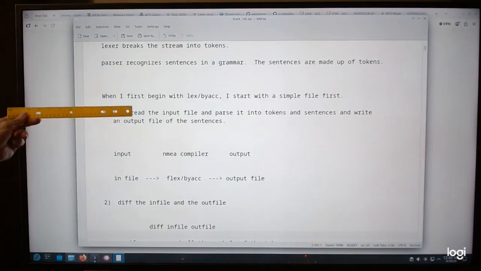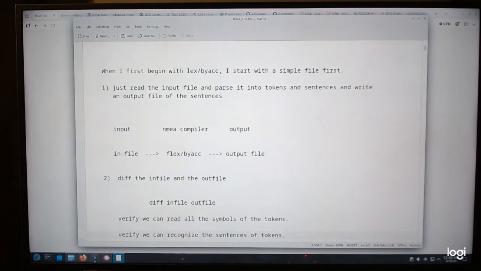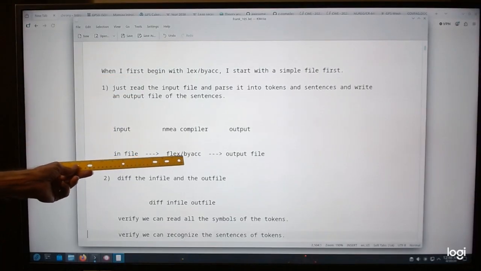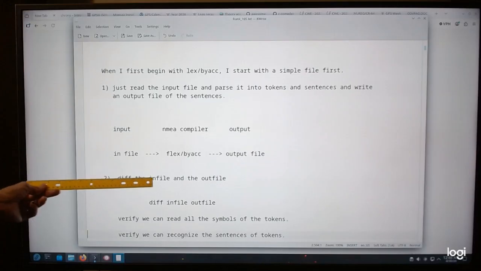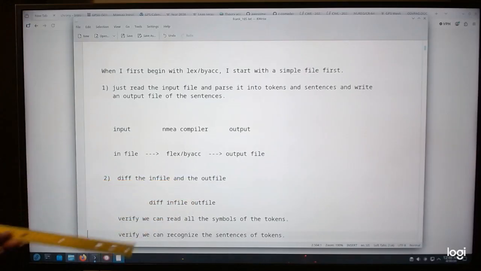When I first start with Lex and YACC, I start with a simple file first. The only thing I do is read the input, break it into tokens, and write an output file, and then I diff the input file and the output file. Let me show you what I'm talking about.